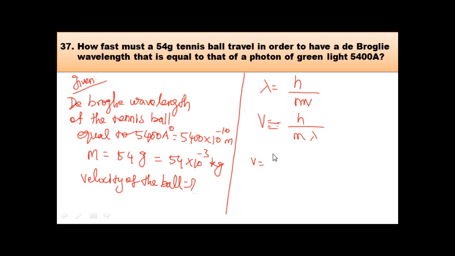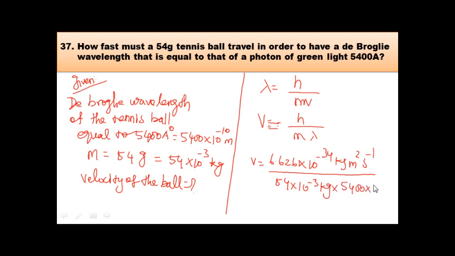So v equal to 6.626 into 10 power minus 34 kilogram meter squared second inverse divided by the mass, 54 into 10 power minus 3 kilogram. What is the lambda value? 5400 into 10 power minus 10 m. So meter squared and meter, and then kg cancel.